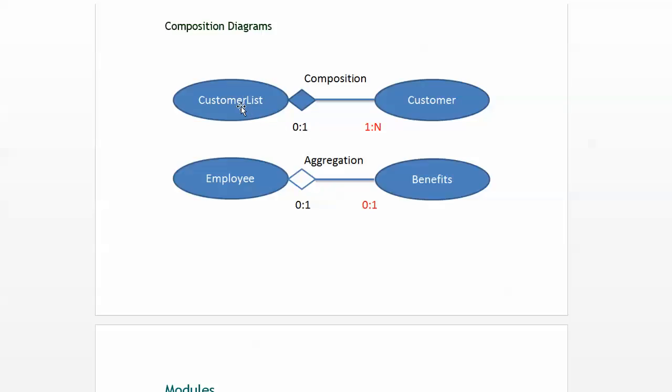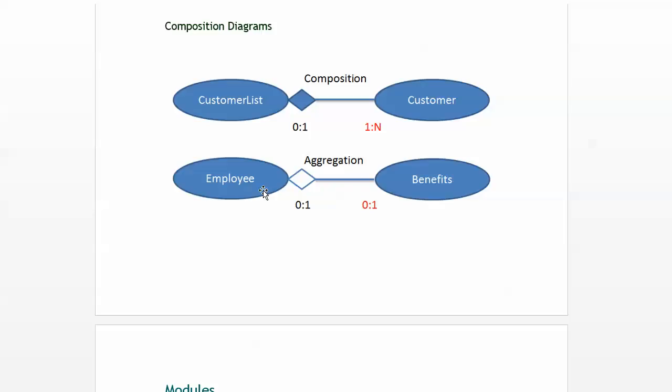You can have either 0 or 1. And if you do have one, you can have one or more customers. Now the n stands for the nth degree. So if you have one, you need at least one customer, and you can have as many as you want, as many as this thing can hold, to the nth degree.